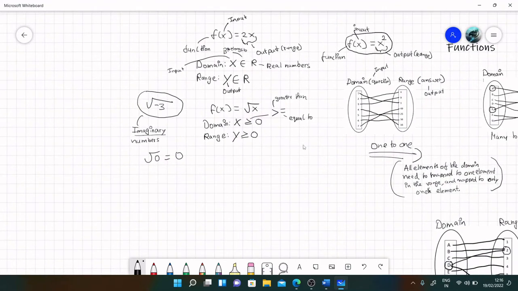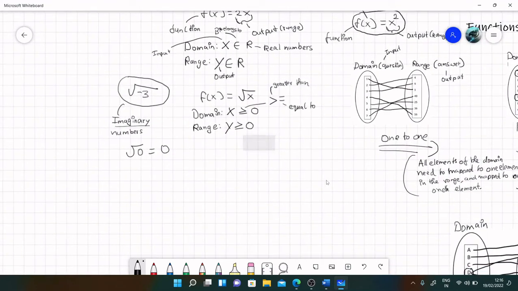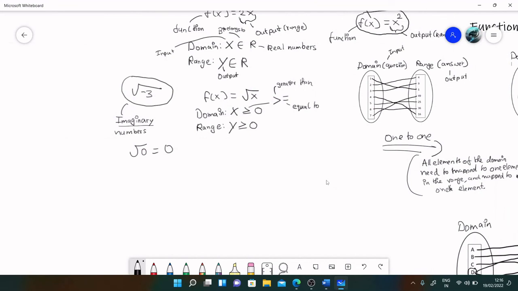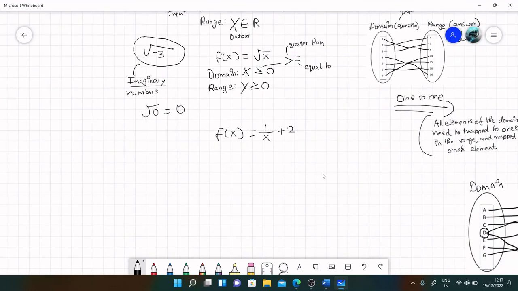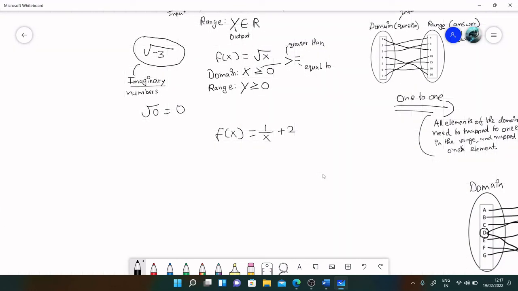Let's look at one last function before ending this video. f of x equals 1 by x plus 2. The domain, and here we'll have a range.